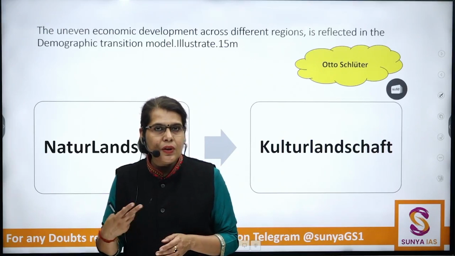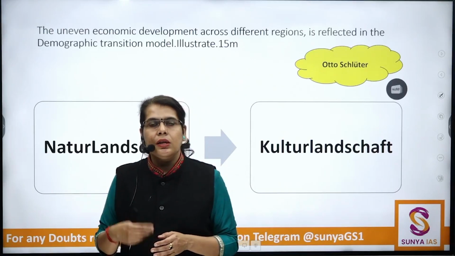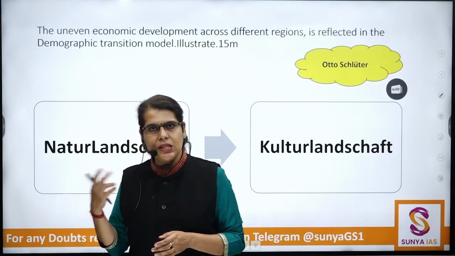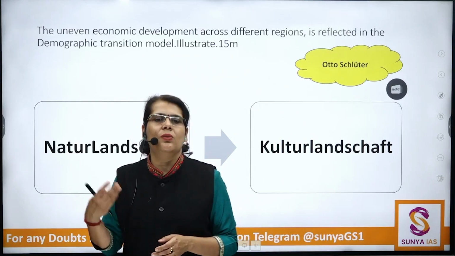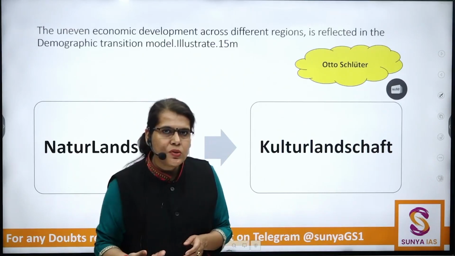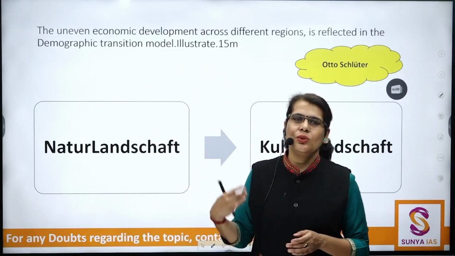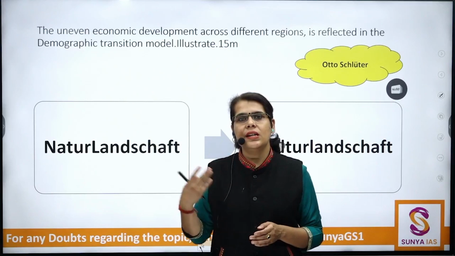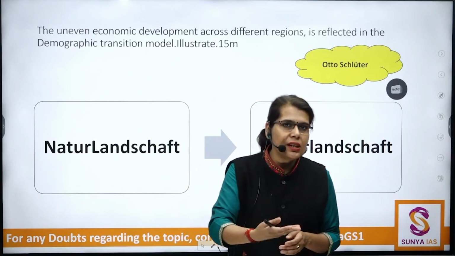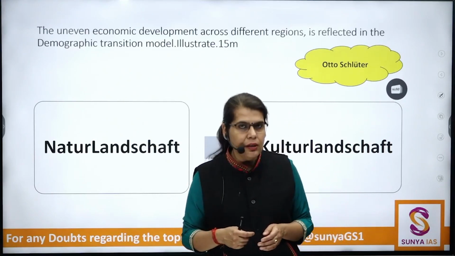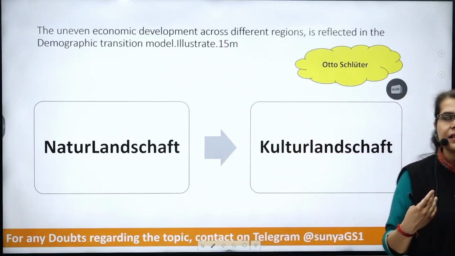However, whenever there is a demographic transition, it also impacts the cultural landscape of any particular region, as proposed in the idea of cultural landscape. I hope this is clear to you. This will give an added advantage of interlinkage with the thematic unit, so try to make certain interlinkages in this context.